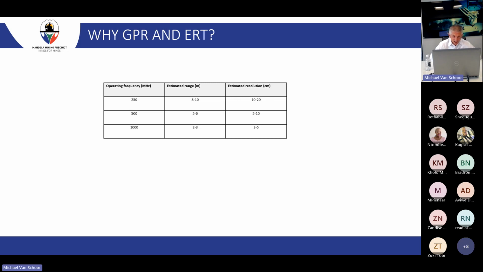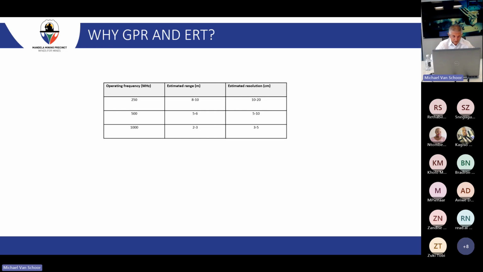And then you can get a range in typical conditions of up to 8 or 10 meters into the rock. But then your resolution will only be about maybe 15, 20 centimeters. If you want to improve your resolution to maybe a few centimeters, you need to go to the really high frequencies, but then you compromise your range.